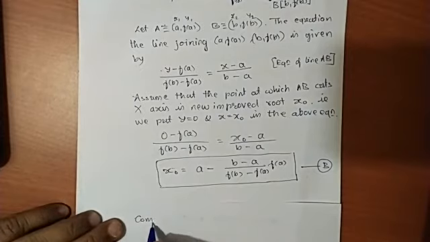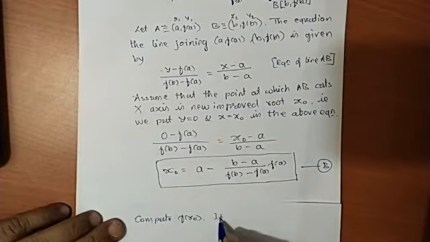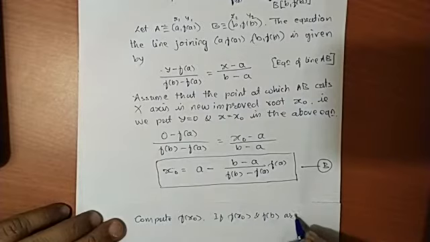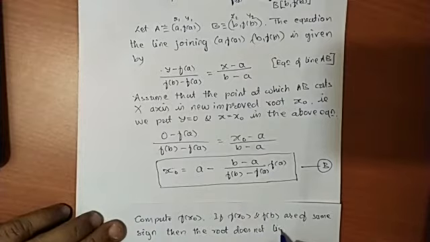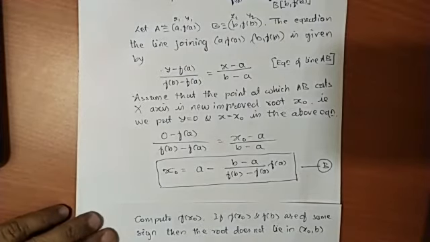Then compute f(x0). If f(x0) and f(b) are of the same sign, then the root does not lie in x0 to b. That is, it lies in a to x0.